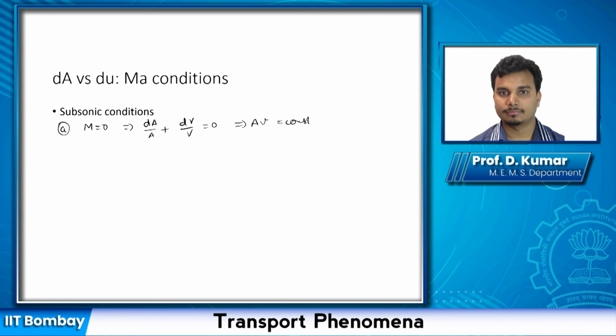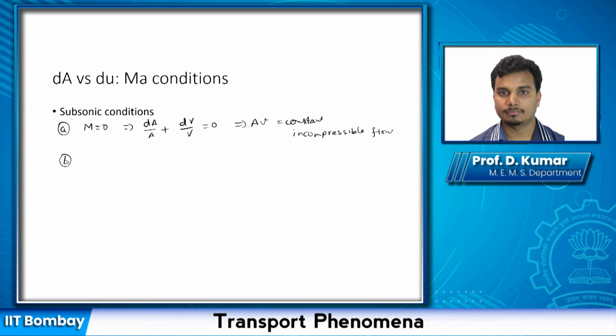So this is your continuity equation for incompressible flow. And we have seen that when Mach number is very small, we put the limit at less than 0.3, we can consider this as incompressible flow. So all these discussions we have already done.